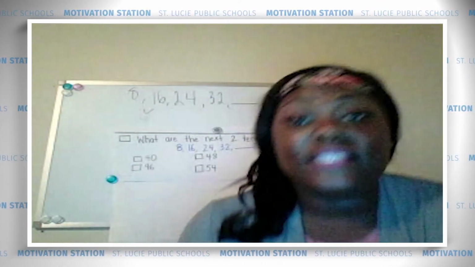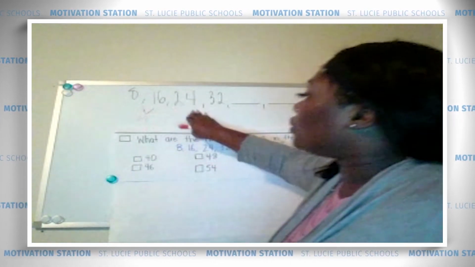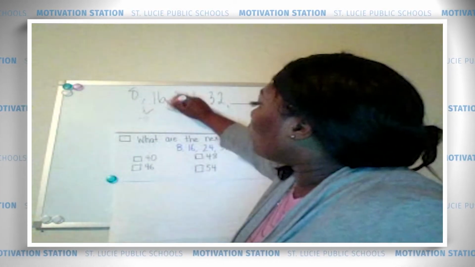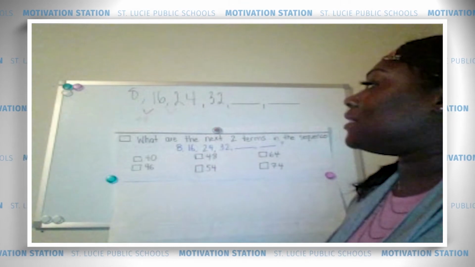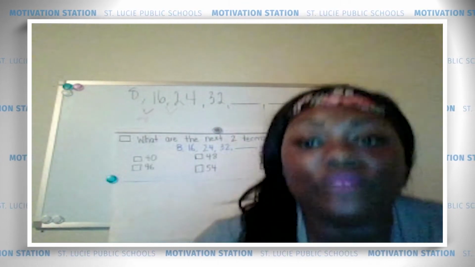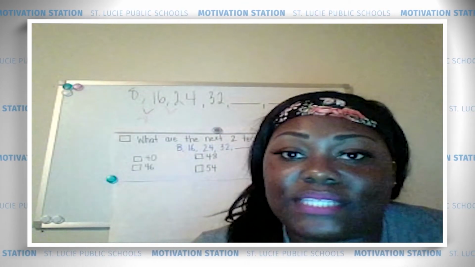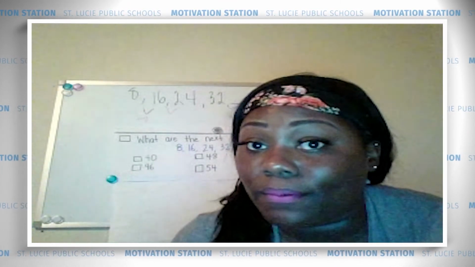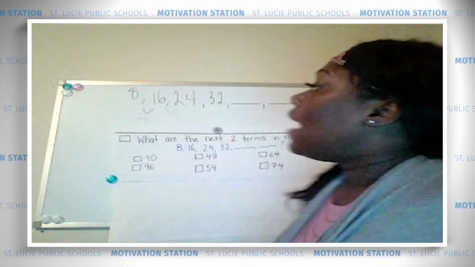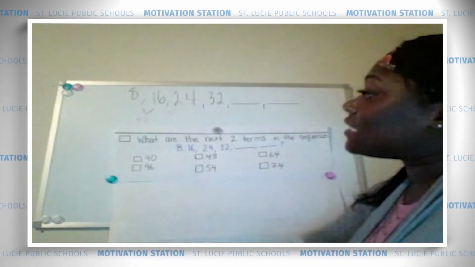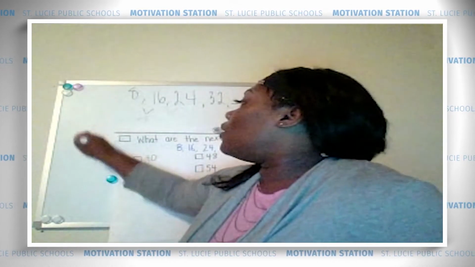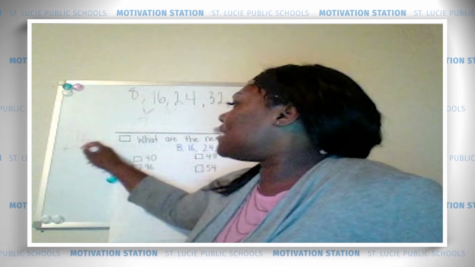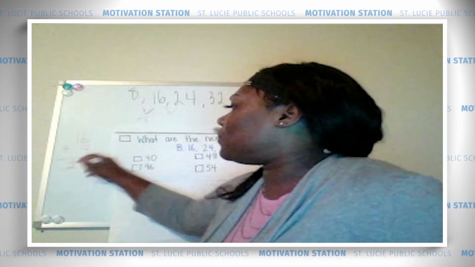Now we're going to do the same thing from term 2 to term 3. So how much did it increase? Now it's really easy for me to count forward from 8 to 16, but I'm going to have to do some work to figure out how much I increased from 16 to 24. So I know that if I was to add 4 to 16, it will put me at 20.